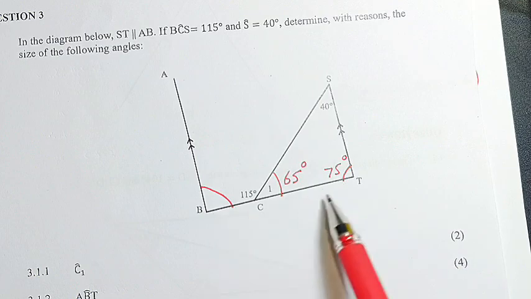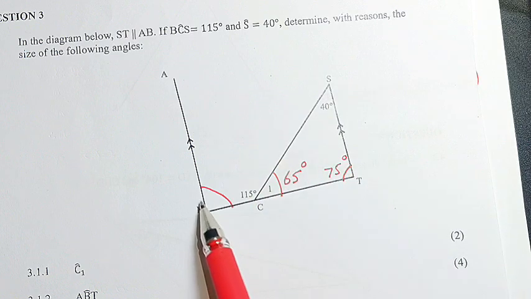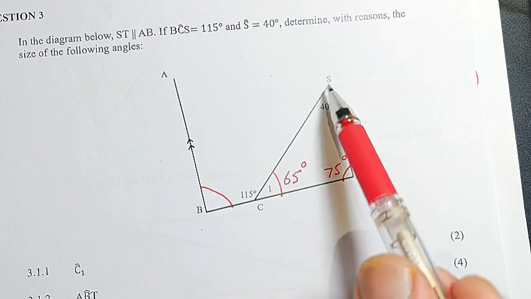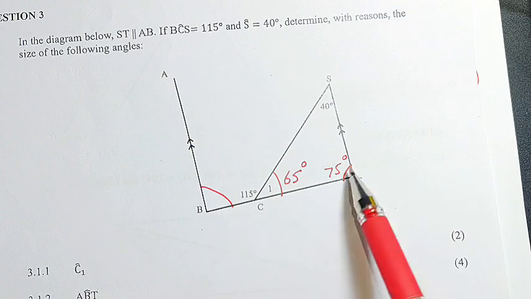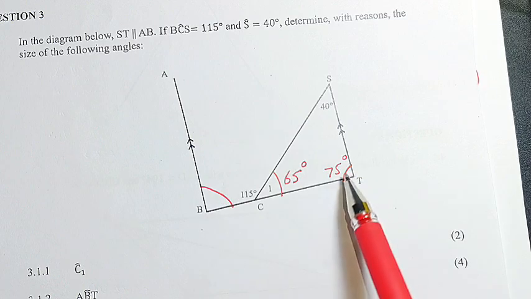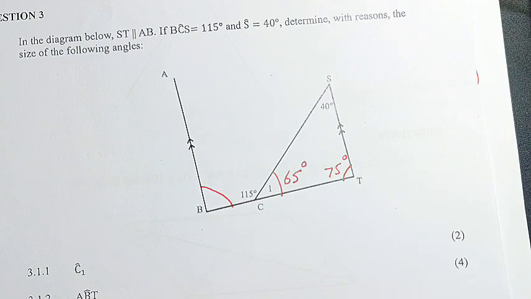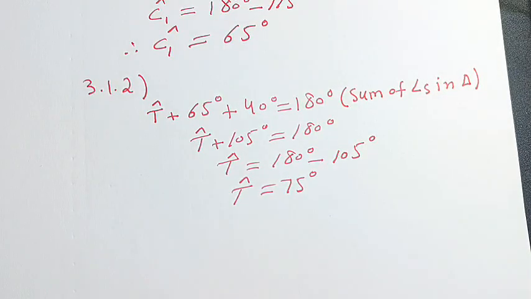Now these two angles, can you see this line is parallel, this is also parallel, so AB is parallel to ST. Now I need to find the angle B. I'm going to use the co-interior angles: angle B plus 75 equals 180 degrees, co-interior angles.